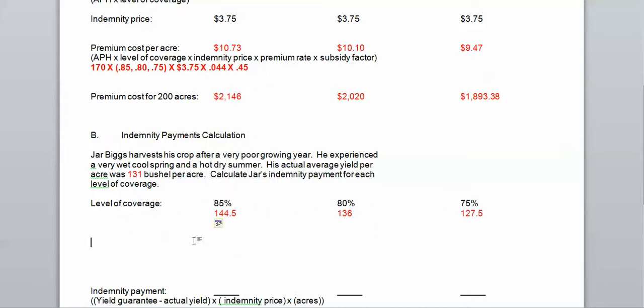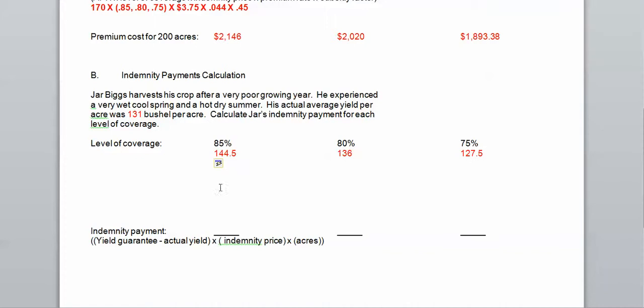Now I'm going to get paid based on this. My indemnity payment is simply my yield guarantee, which I just copied down, minus my actual yield, which was 131, times indemnity price, 3.75, times number of acres, which was 200.